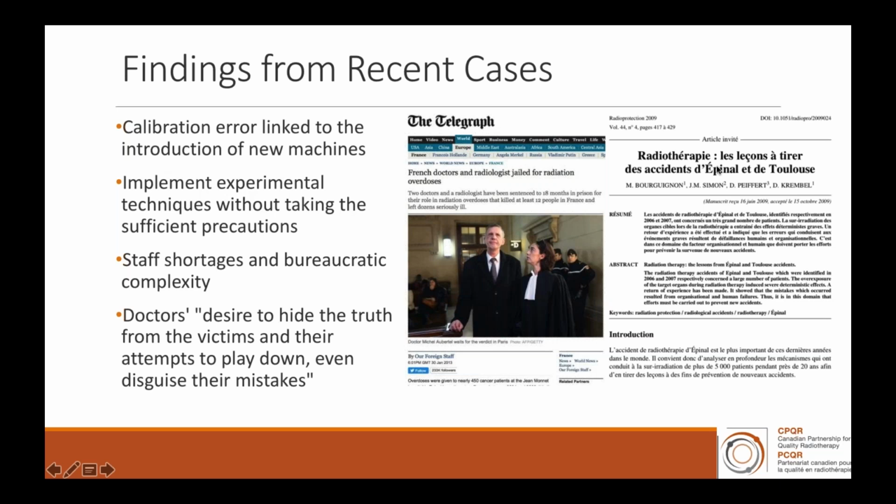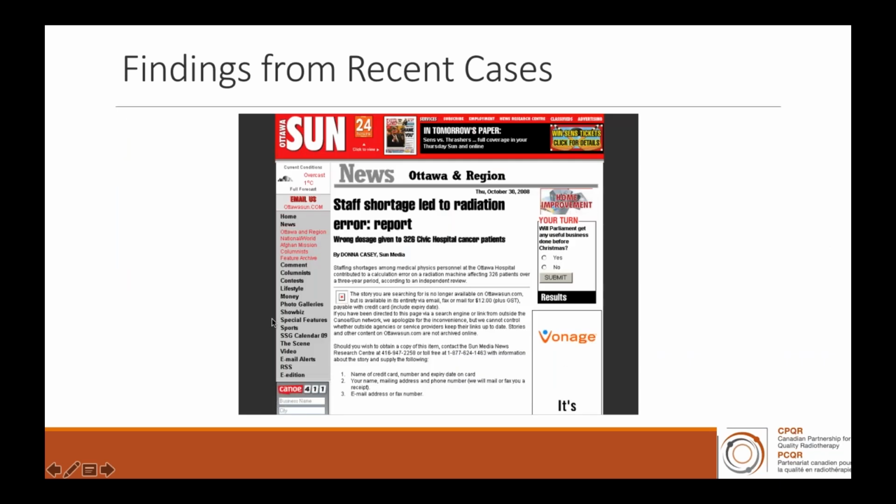However, despite all of this, this led to interesting data that we now know about the implications of overdoses in the fractionation schemes that were used. And as a result of these very unfortunate incidents, we now know a little bit better how toxicity to the prostate, to the rectum, and other pelvic structures can affect prostate patients.